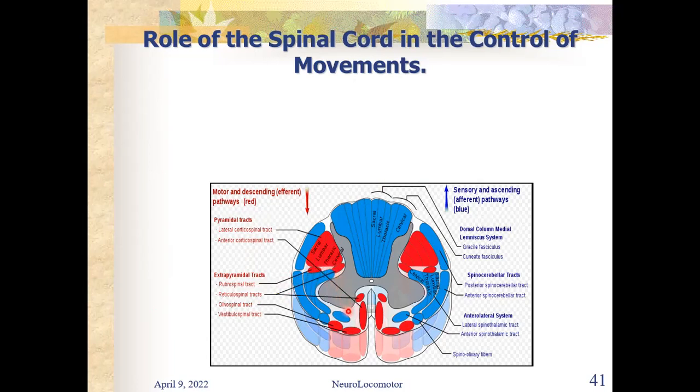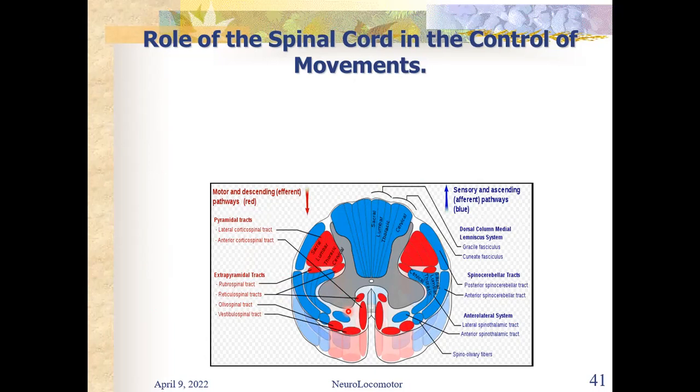We are still on the role of the spinal cord in the control of body movement. I hope you now understand the role of the spinal cord. It is there to provide passageway for the descending tracts, and it makes it possible for the descending tracts to communicate with the lower motor neurons.